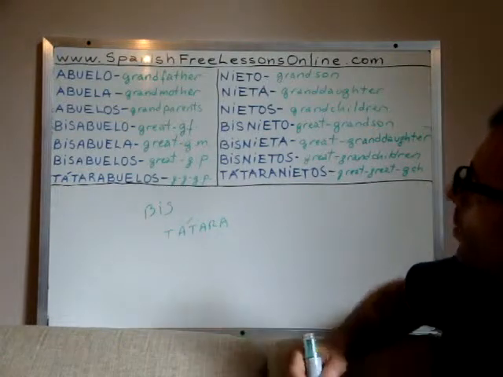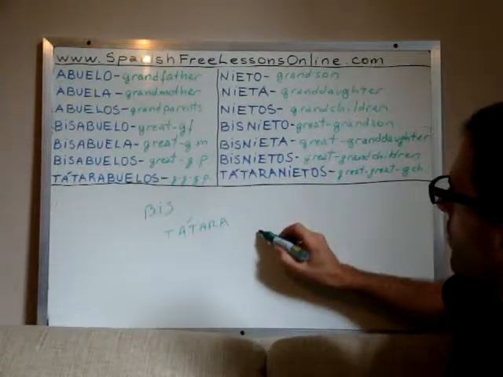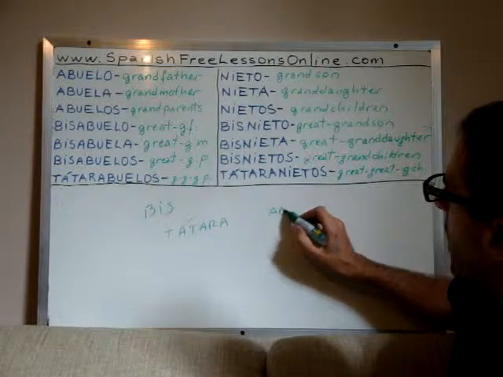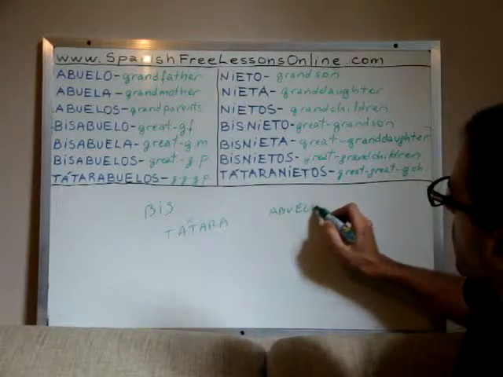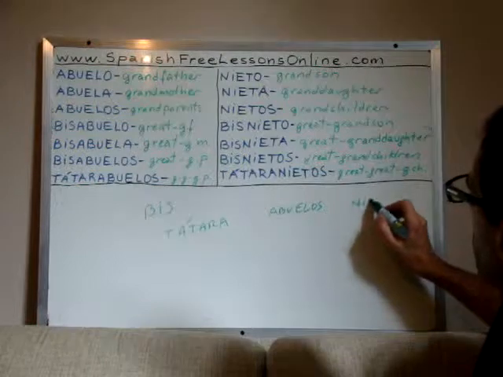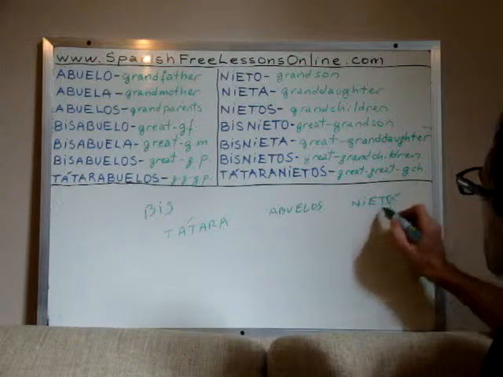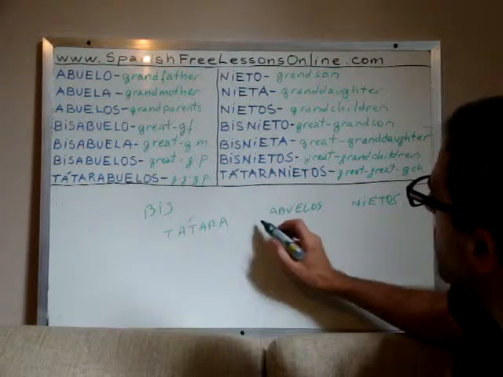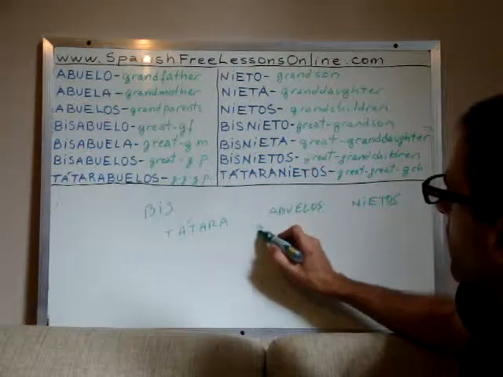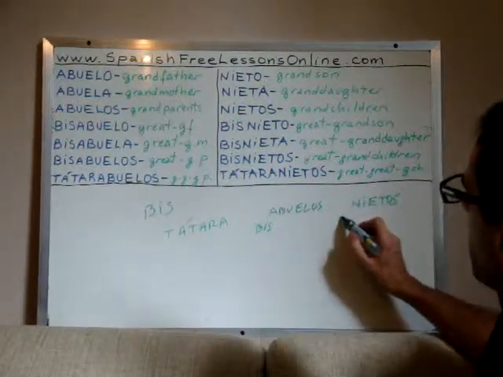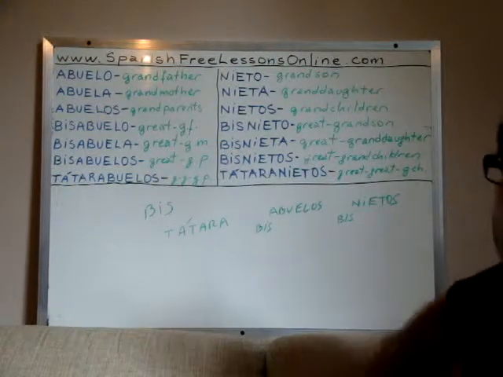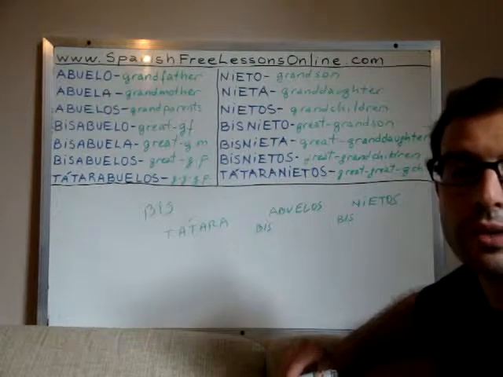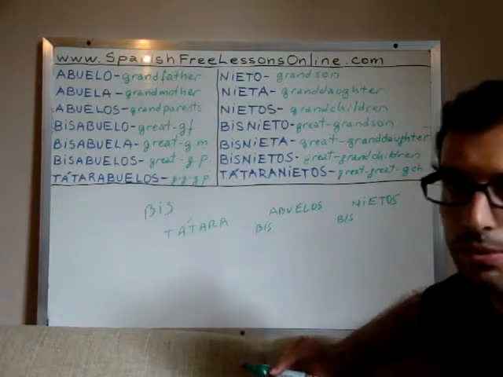So we have the first for grandparents and grandchildren, abuelos and nietos, right? Then for great grandparents and great grandchildren, we add the prefix bis, right, to either of them. Bisabuelos, bisnietos, that is great grandparents, great grandchildren.